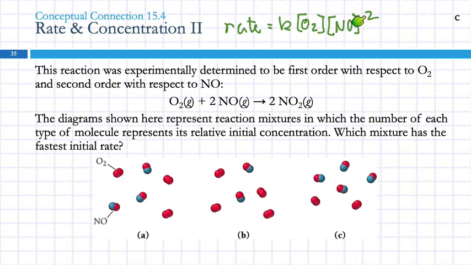This is squared, so whatever I do to this, it's squared. If I double this, then the rate is 2 to the 2. Sometimes it helps to write out the rate law and talk to yourself.